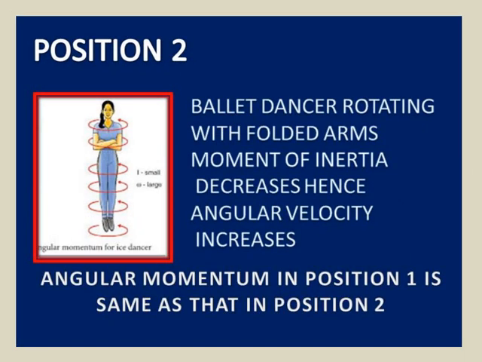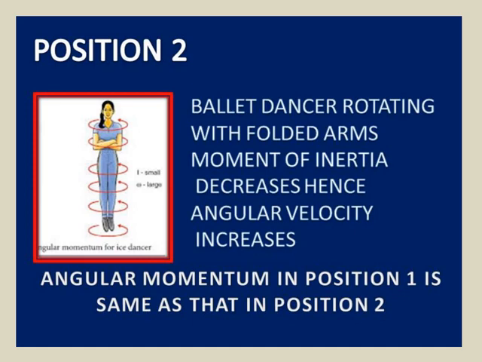Position number 2, the dancer is performing rotational motion about the same vertical axis, but in position number 2, her arms are folded. When she brings her arms close to her body, the distance of the particles decreases, and therefore the moment of inertia of the dancer decreases.